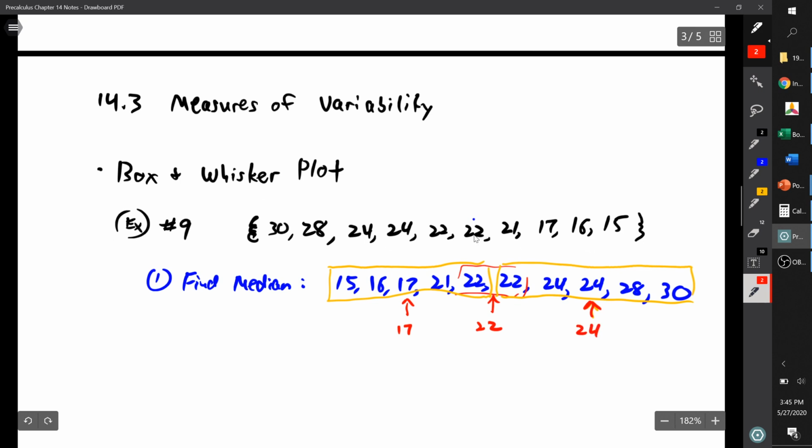With this, we can find two different values. One is called the interquartile range, and the other is called the semi-interquartile range.